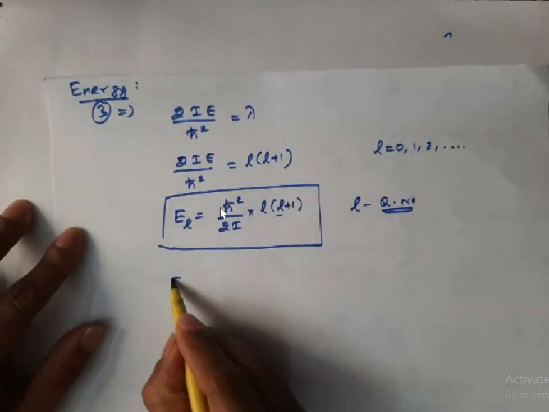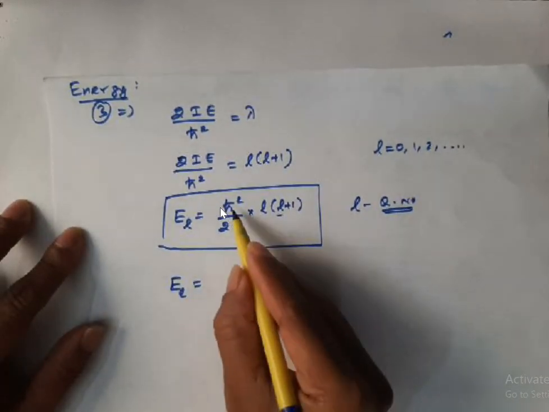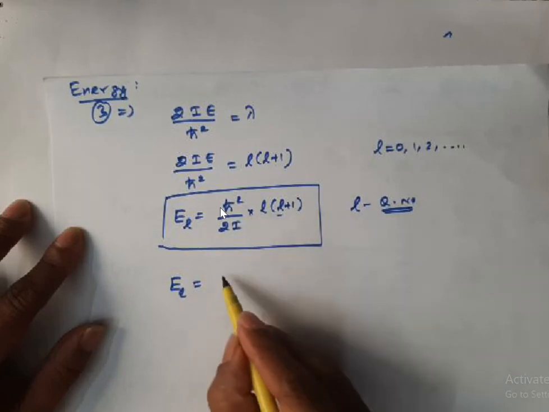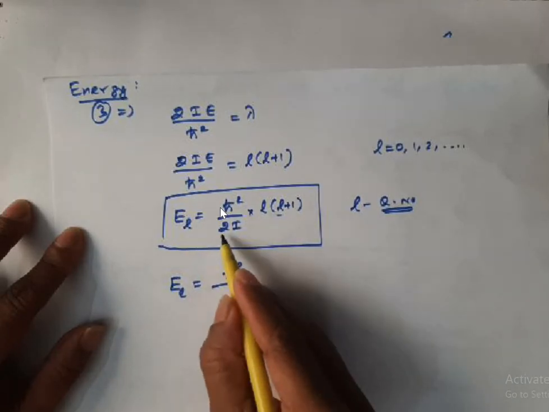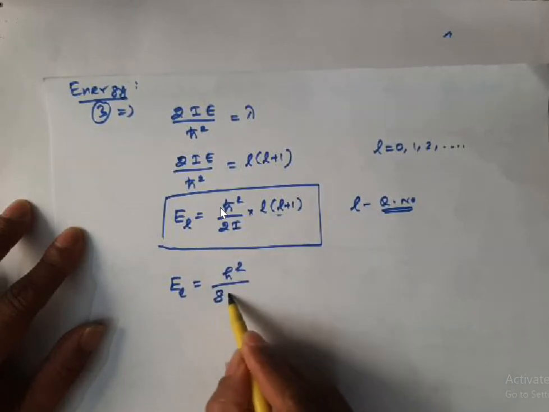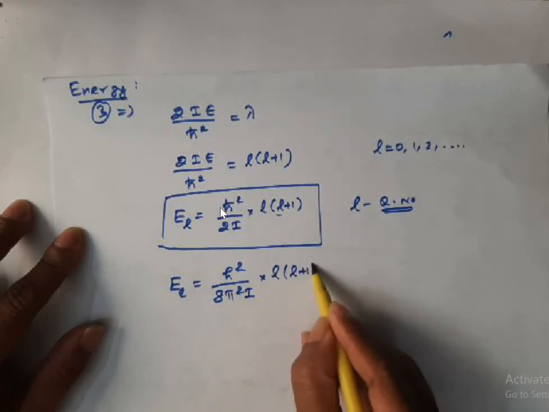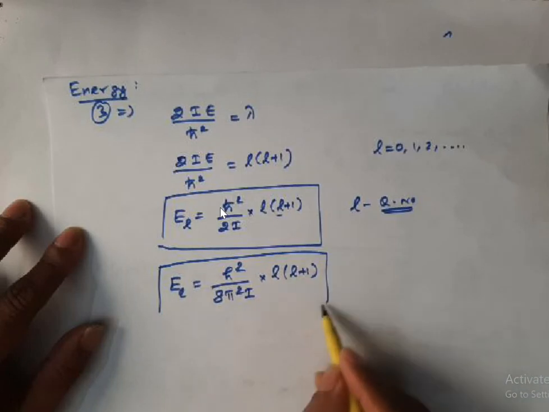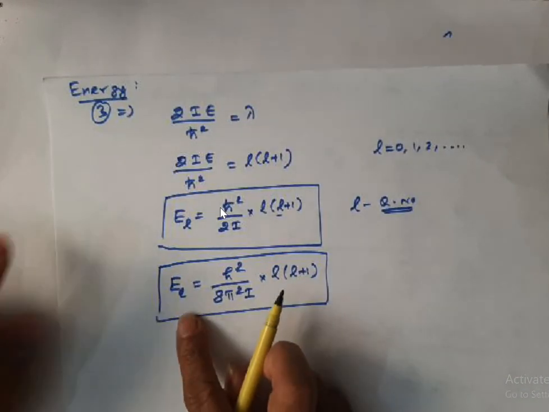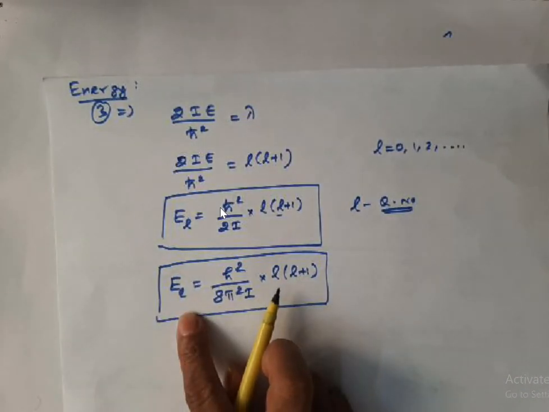Remember, h bar square and 2I are constants, so energy depends only on the value of L. This L is a quantum number. You can also write this as EL equal to, replacing h bar square with h square by 4 pi square, so h square by 8 pi square I into L into L plus 1.